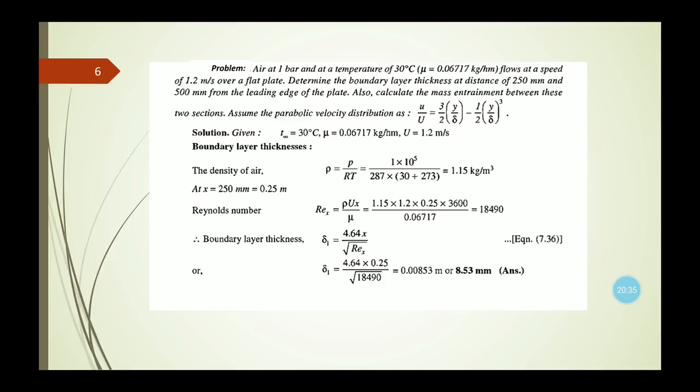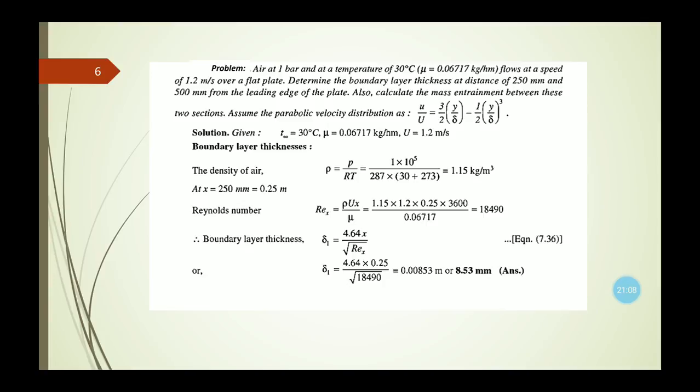Determine the boundary layer thickness at a distance of 250 mm and 500 mm from the leading edge of the plate. Also calculate the mass entrainment between these two sections. The velocity distribution equation is given here. So first we need to calculate the boundary layer thickness at 250 mm and 500 mm from the leading edge of the plate.